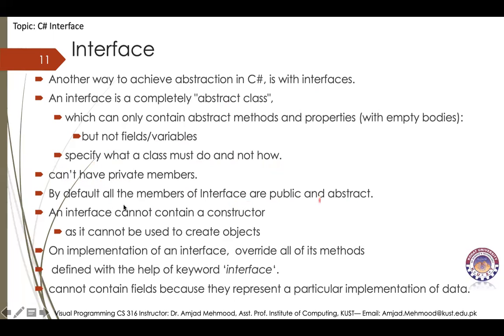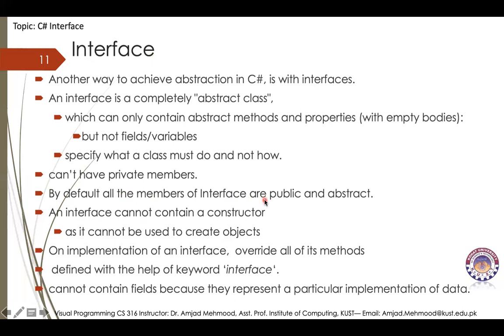This is the key point in abstraction. Normally, as you know, in an abstract class we have to declare explicitly which methods are abstract and which are public or private. But in an interface, all members are public by default.